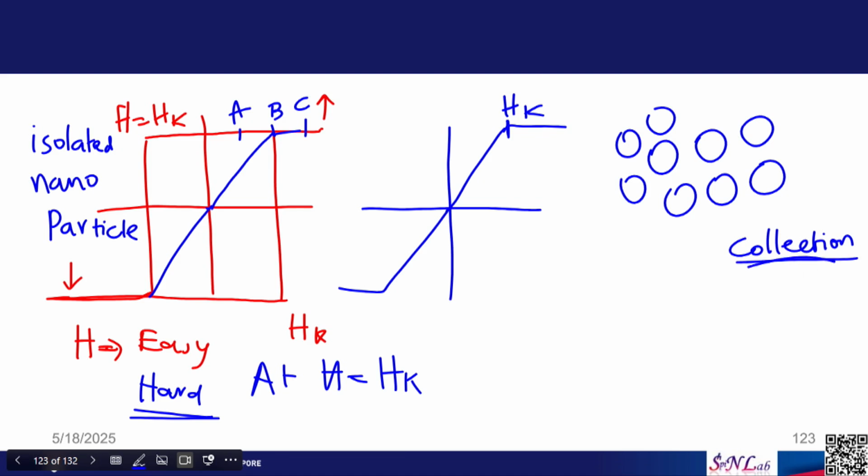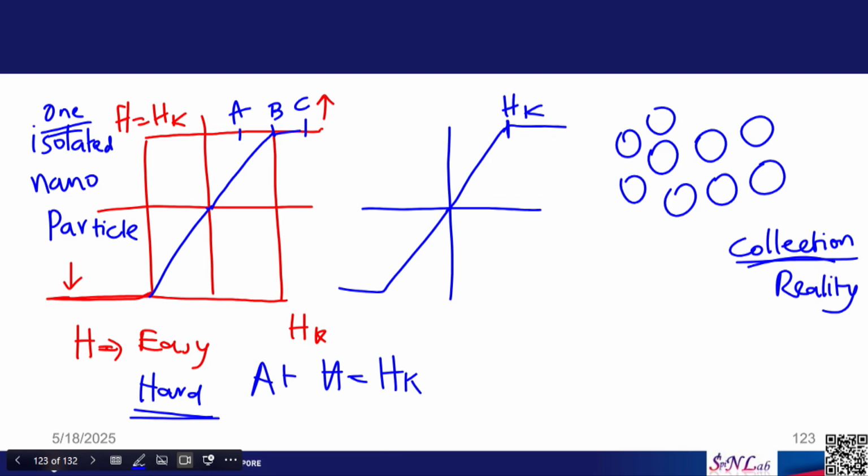Here you have only one isolated nanoparticle, far away from any other particle. But normally when we make any system, we cannot deal with one particle. So, we will have many particles. This is reality: we have a collection of particles.